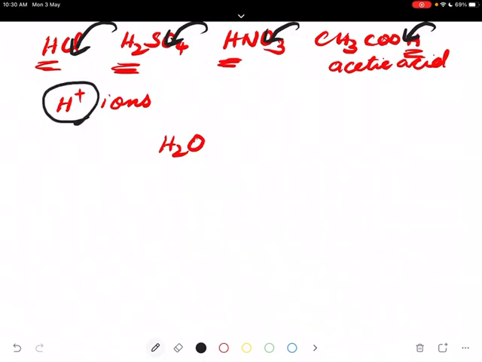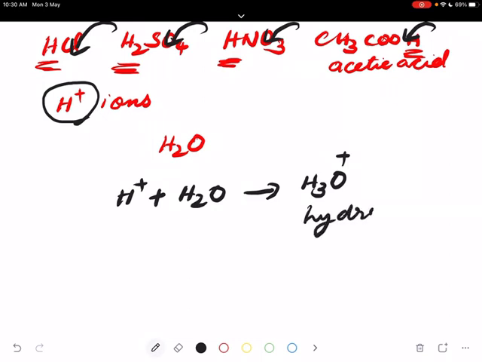Since we are adding water to form these H plus ions, these H plus ions formed will be combining with this H2O to form H3O plus. We call it hydronium ion. So every acid is having what is common in it? H plus ions. These H plus ions are produced on addition of water to that.